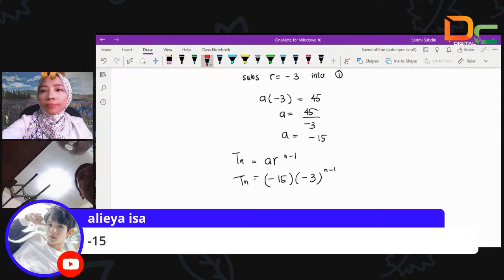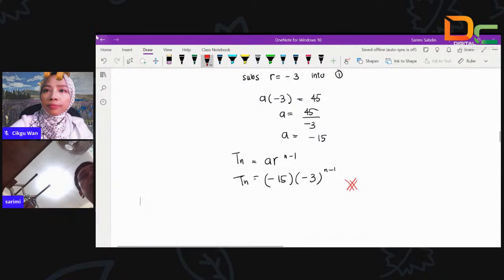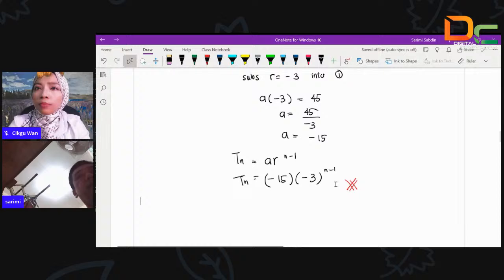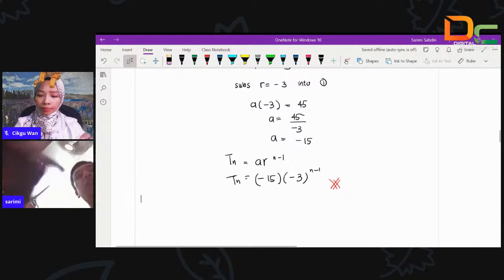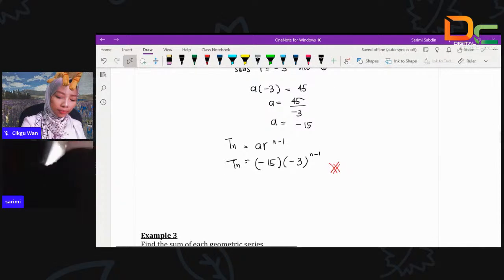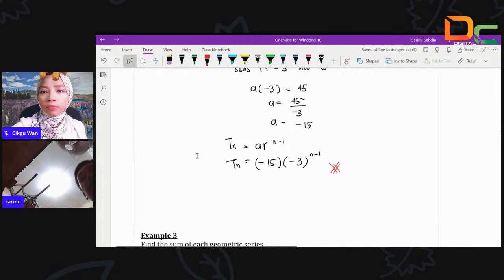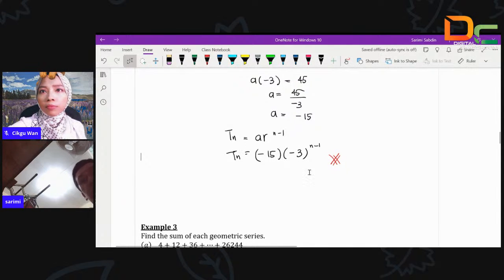So we get the formula: Tn is negative 15 times negative 3 to the power of n minus 1. Make sure you don't make a mistake: you cannot multiply these, because negative 3 has the power of n minus 1. If the powers are not the same, you cannot multiply. Just like that, that's the answer.